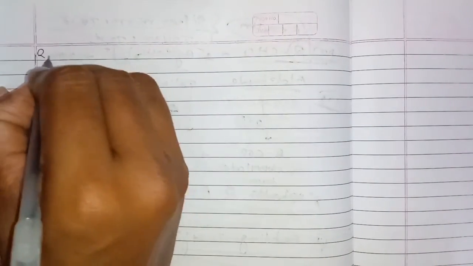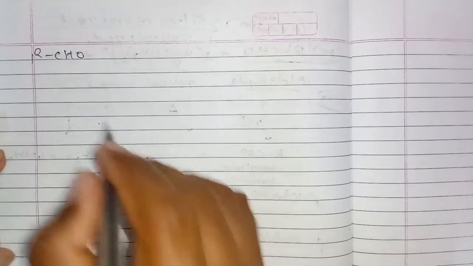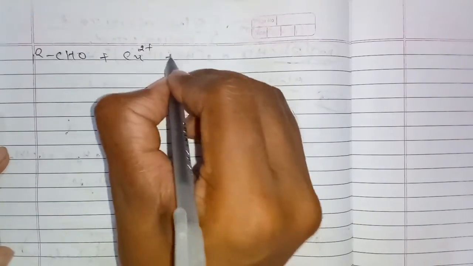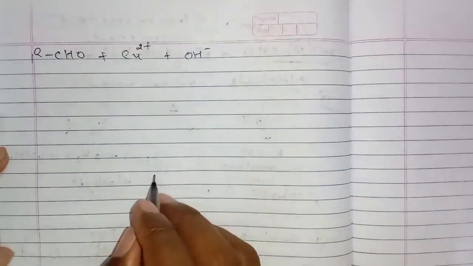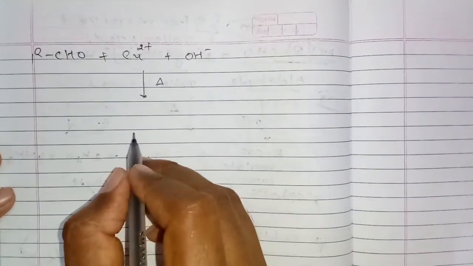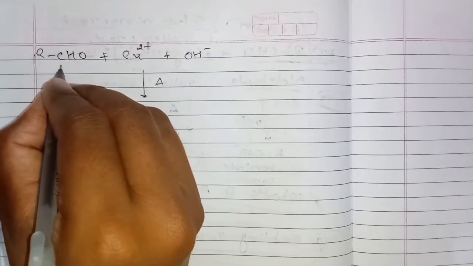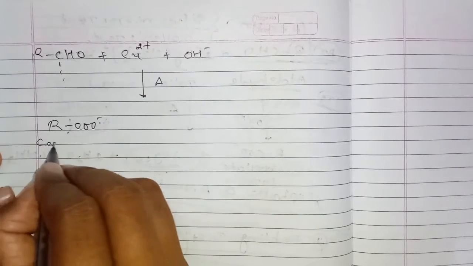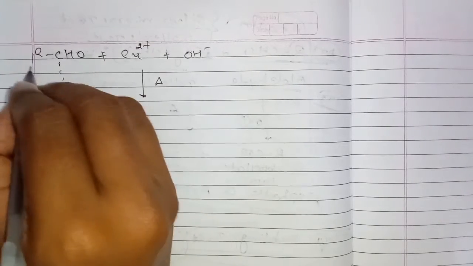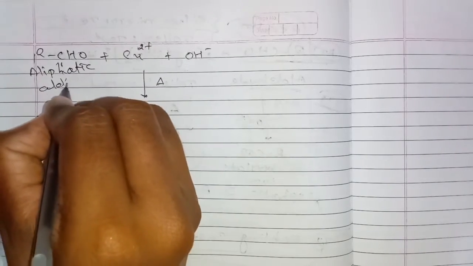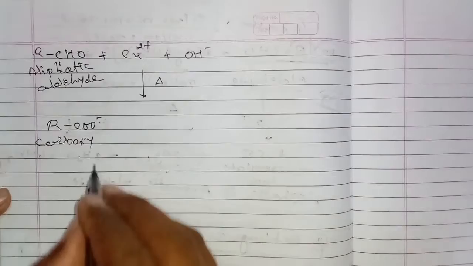Here the reaction is: aldehyde, Cu2+, OH minus, with heating, is converted to carboxylate ion, for aliphatic aldehyde.